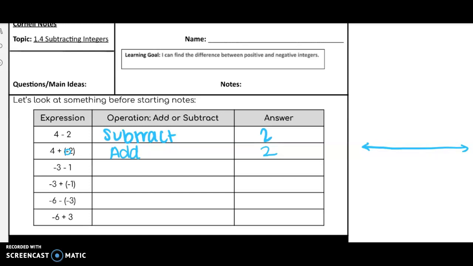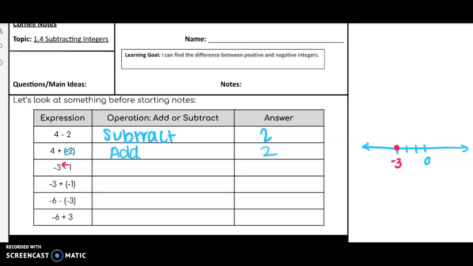So now we have negative 3 minus 1. If I have a number line, and here's 0, we have 1, 2, 3. So here is my negative 3. And then it says minus 1, and we know that a minus means we go to the left on a number line.